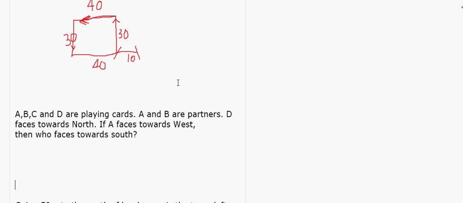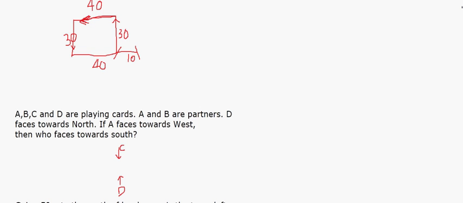A, B, C, D are playing cards. A and B are partners. Partners are always facing each other, right? If D is facing north, right? So A and B are partners, C and D are partners, right? D is facing north. So this is the direction of D. C would be facing south, right?